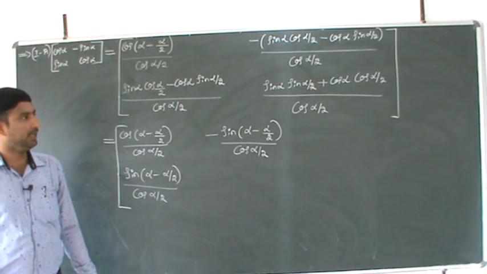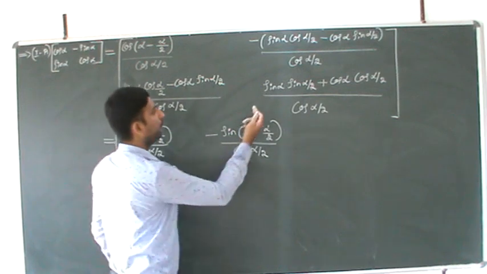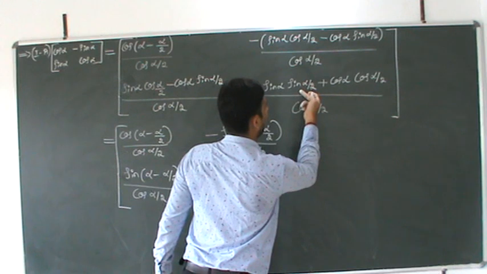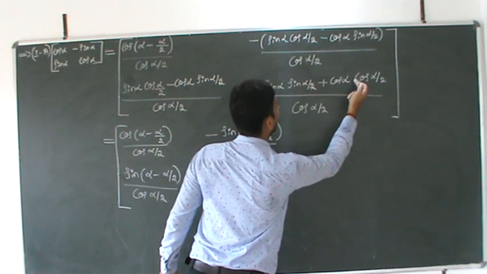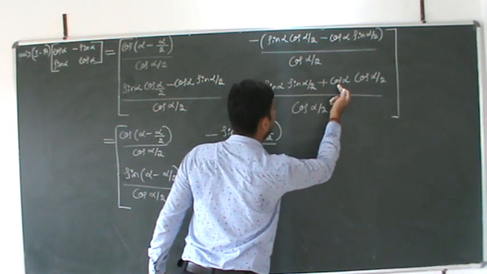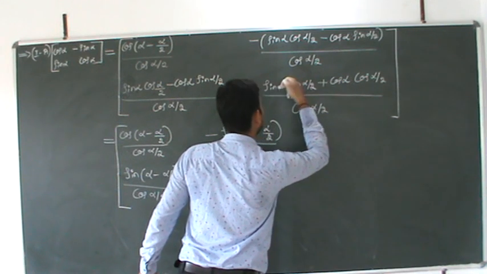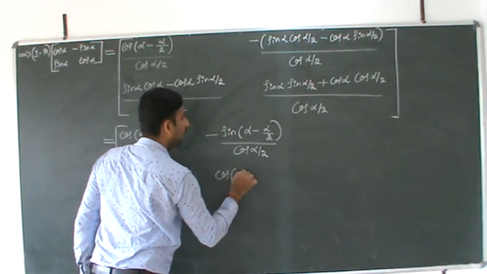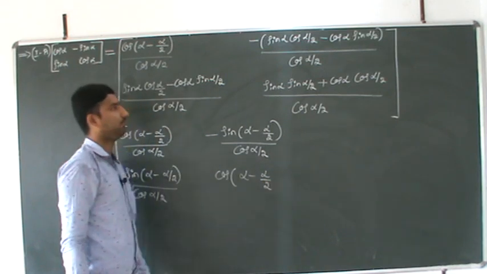Cos A cos B plus sin A sin B. You can reshuffle the value: sin A cos B, we have the formula. Cos of A plus B, cos of alpha minus alpha by 2. Correct?